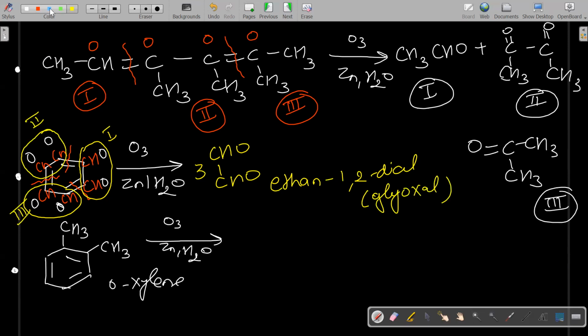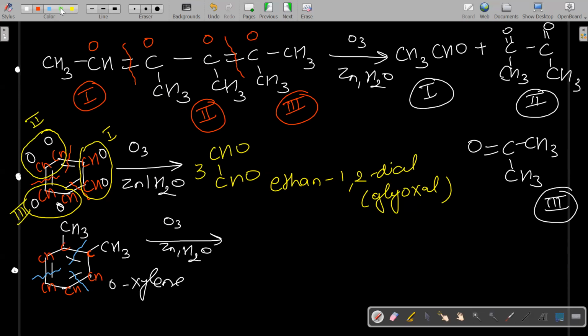Now there is one more example. I think that now it is clear to all of you. What is the name of this compound? Orthoxylene. Okay, what products will you get? First, I will cleave all the double bonds. And after cleavage, you can write everywhere: this is carbon, this is CH, this is CH, this is CH, this is CH, and this is carbon.